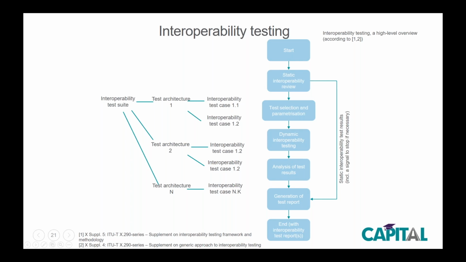After the static interoperability review, the dynamic interoperability tests are selected and parameterized. Then dynamic interoperability tests will be carried out, and the test results will be analyzed. Finally, an interoperability test report will be generated, and this documents both the results of the static interoperability review as well as the results of dynamic interoperability tests.